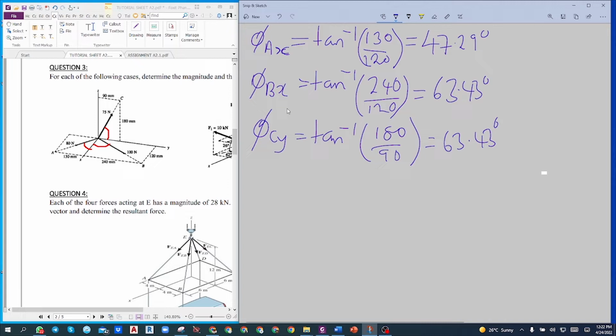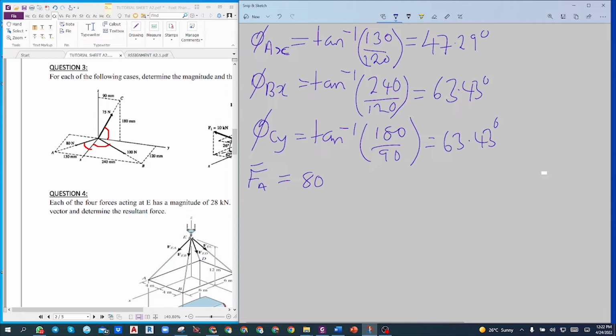We can get the forces now in their respective vector components. So we know that our FA as a vector is equal to 80, that's a magnitude.